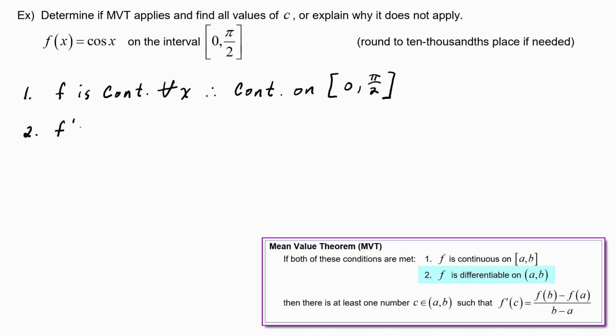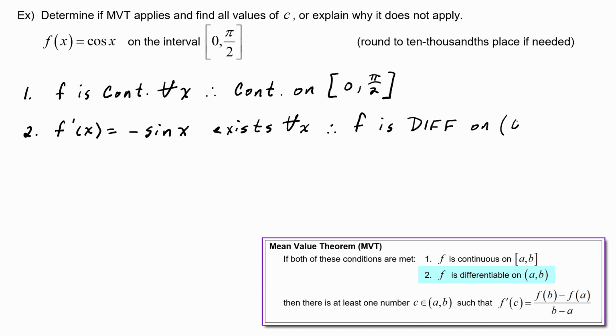Now, f prime of x is just the derivative of cosine of x, which is negative sine x. Now that exists for all x, so therefore f is differentiable on a small subset of everything, which is on the open interval 0 to pi over 2.